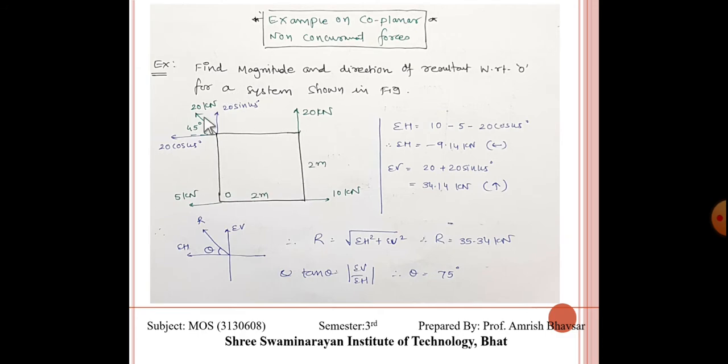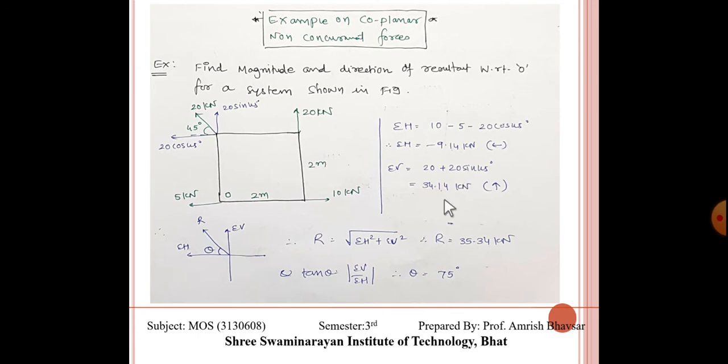So first of all, from these forces we have to find the single force, that is the resultant force. What is happening? This is our inclined force. So first of all we have to convert these two forces into a resultant. This is 20 and this is our other force, so in total 5 forces are acting.